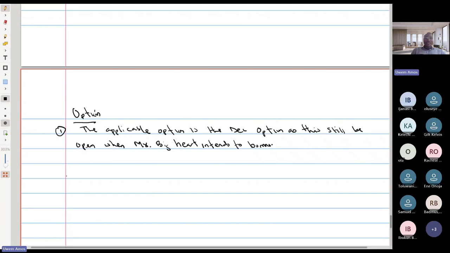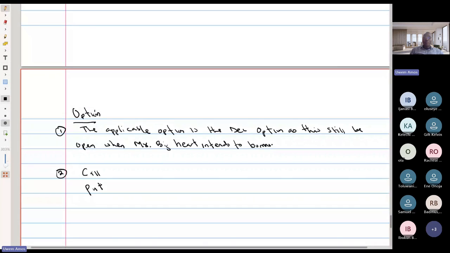Now, the next thing would be to determine what our hedging strategy is. So just like in futures, in options too, we have a hedging strategy. And the hedging strategy would be either a call or a put.